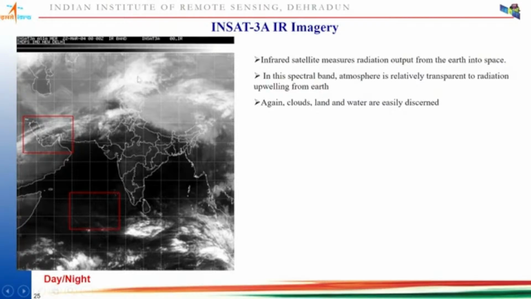It means these clouds will have low temperature and low emission, so they would be dark, and land will have more temperature, so it would be bright. But our eyes have the habit of seeing clouds as white, so we have inverted this image.